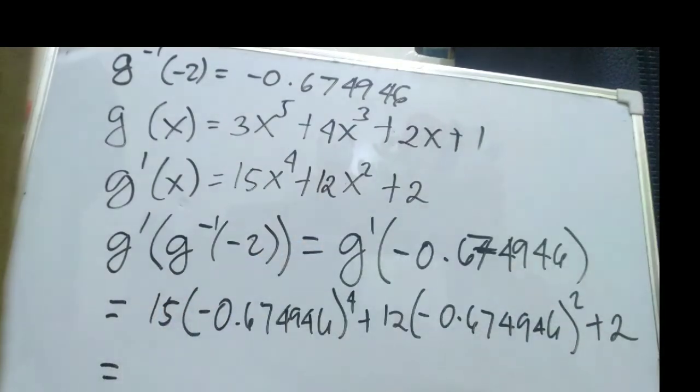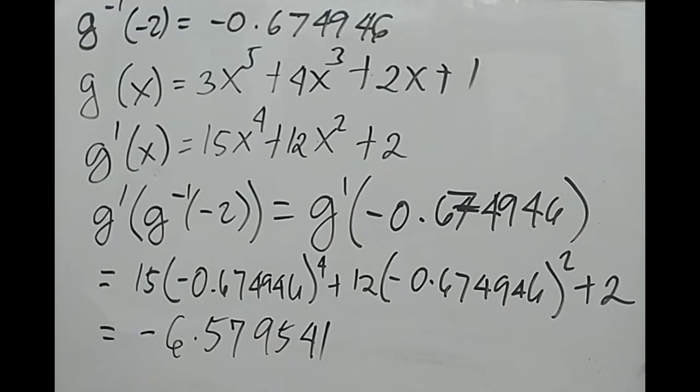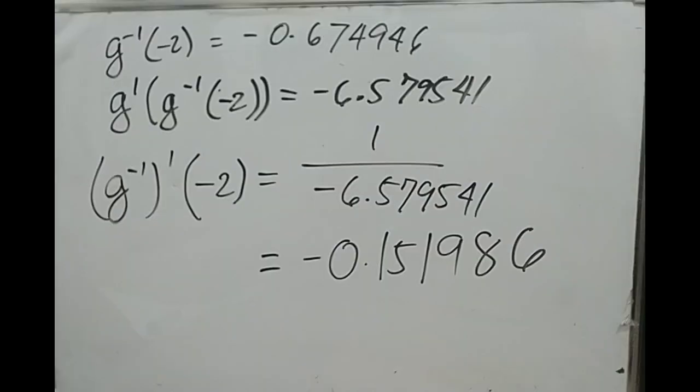If you plug it in your calculator, you would end up with 6.579541. Substituting our obtained value, we have 1 over 6.579541. Our final answer would then be 0.151986.